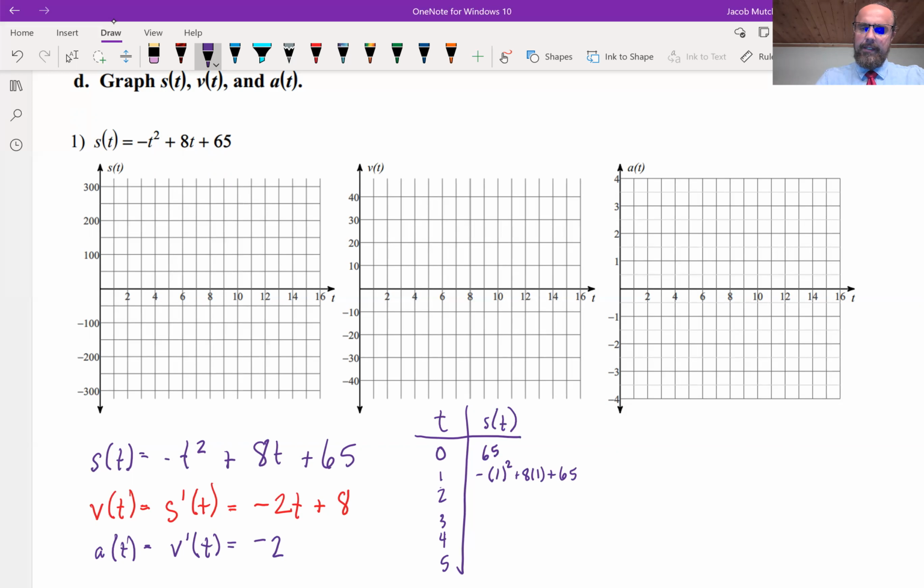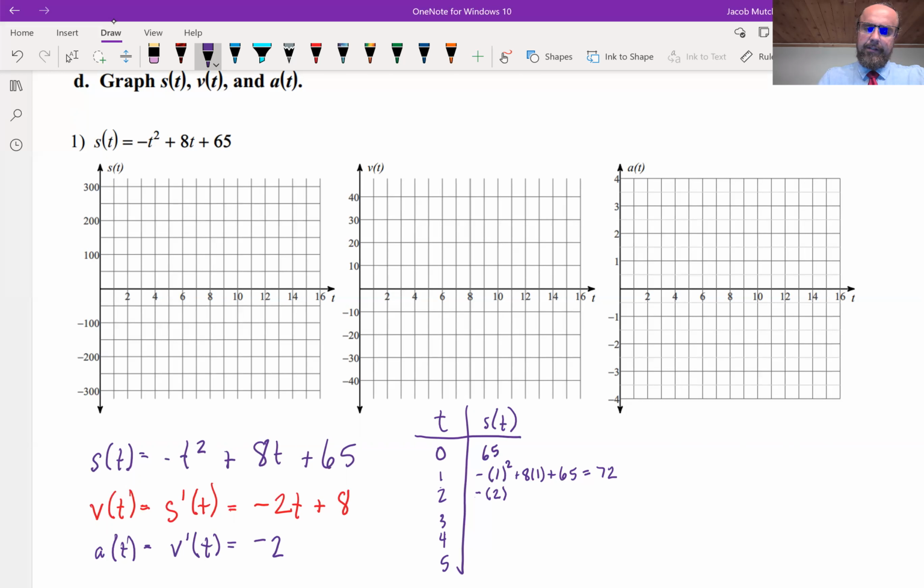So that's going to be negative 1 plus 8, that's 7, plus 65 is going to give us a value of 72.